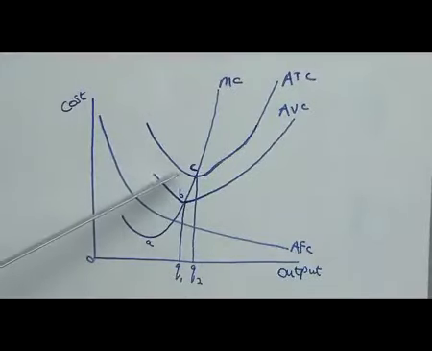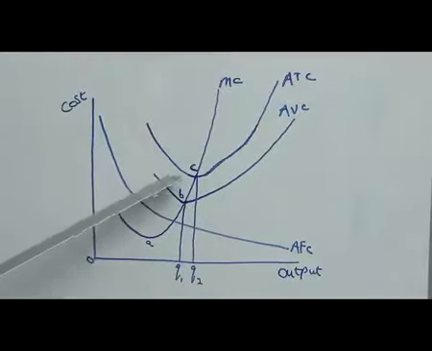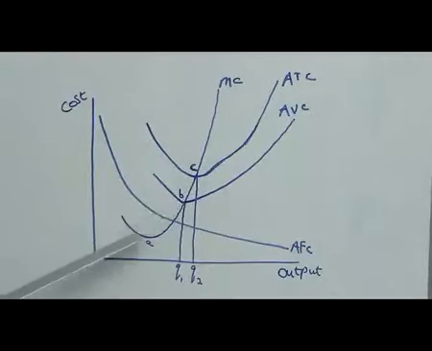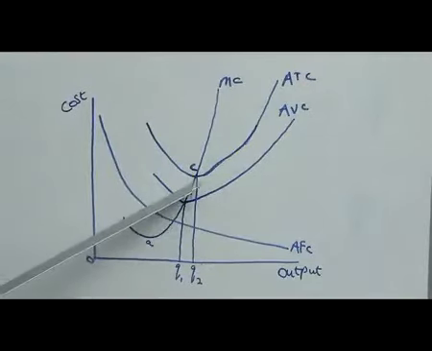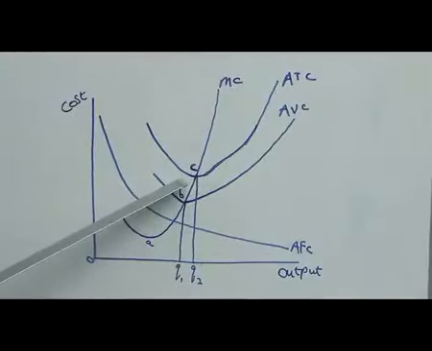Now, when we come to point C, we also observe that as the average total cost is falling, marginal cost is below it. But as marginal cost is coming up, in order to meet average total cost, we can see that at this point C, when the marginal cost touches average total cost, it implies that average total cost has reached its minimum point.